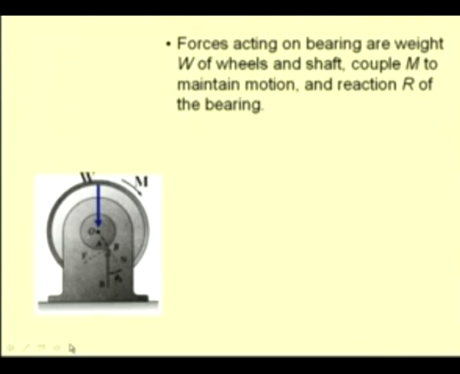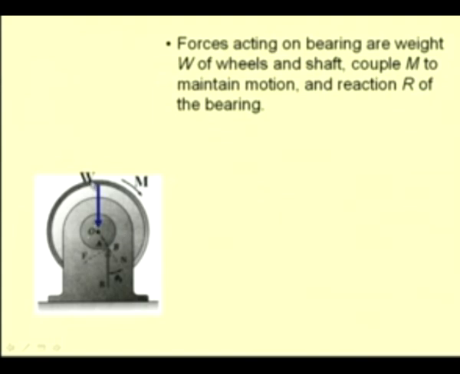So, this figure shows the pulley which is being supported by this axle, which is supported by this bearing block. So, this circle shows the bearing surface where the axle is in contact with the bearing block.